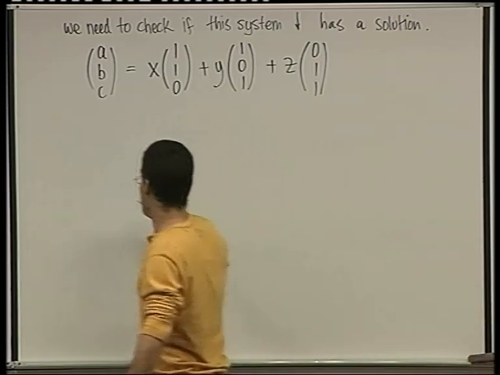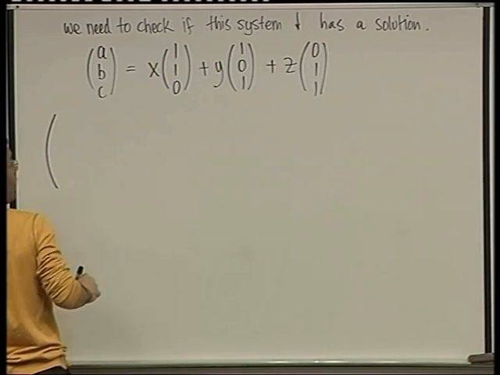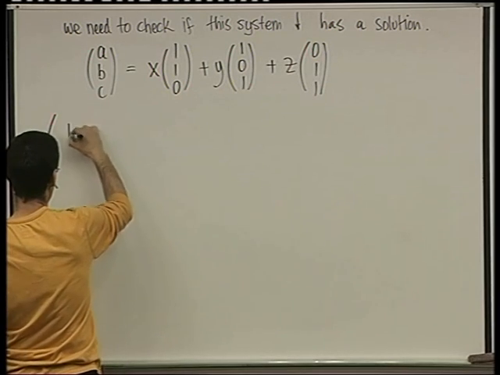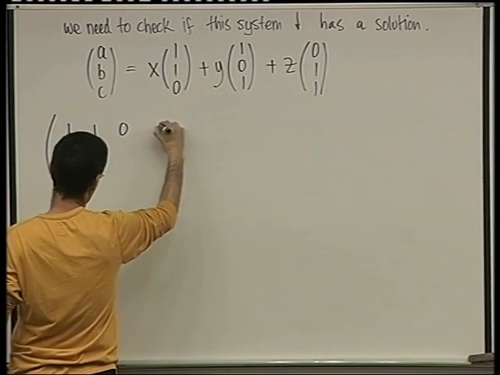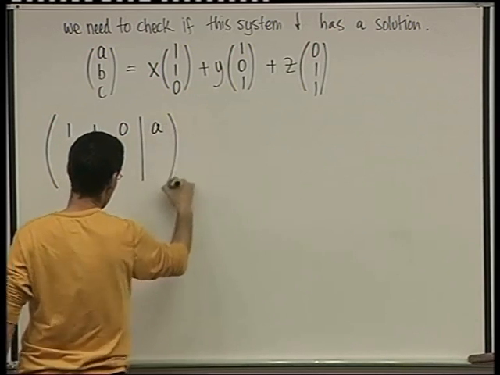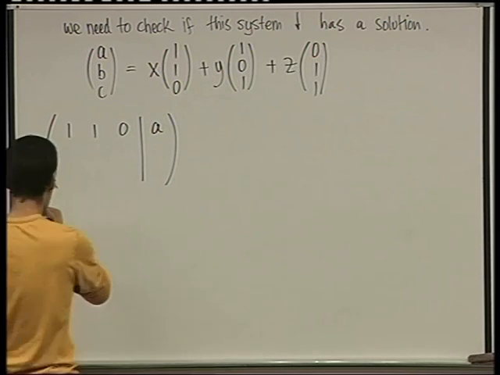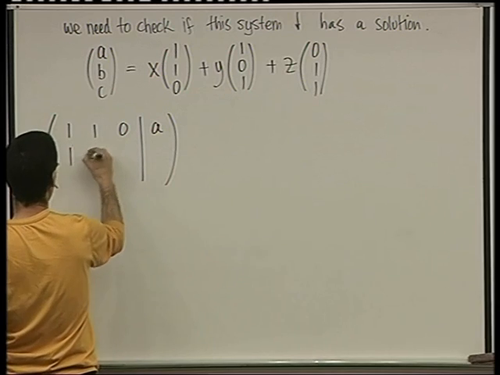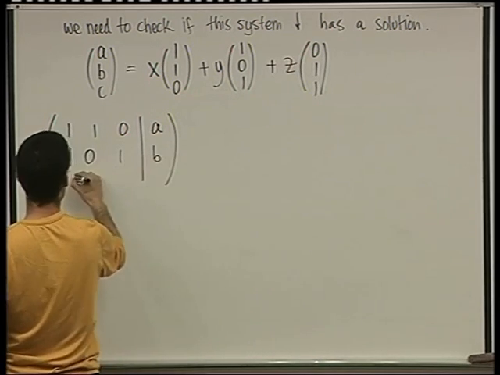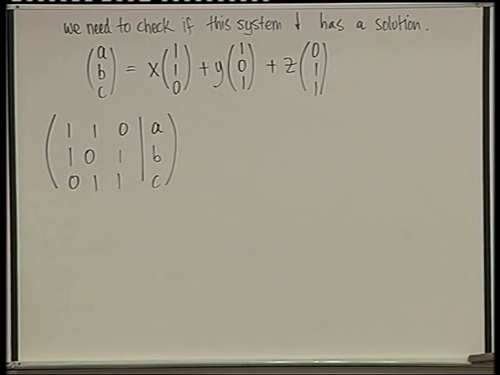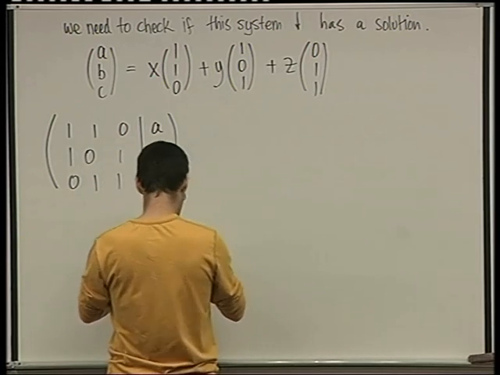So let's write it in the augmented matrix form. So we're going to have what? 1, 1, 0, a. Okay, does everybody understand what I'm doing now? What's going on? Everybody? Good? Okay. 1, 1, 0, a; 1, 0, 1, b; and 0, 1, 1, c. And we need to start doing row operations. Okay, so let's do it.